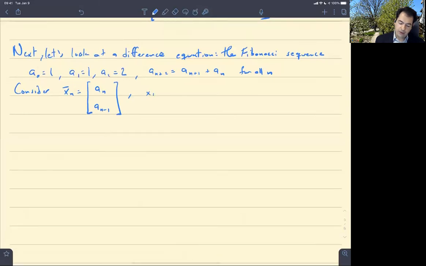So our first vector x_1 would just have entries a_1 and a_0. In particular for us, that's just the vector 1, 1. But you'll see that our computations would let us figure out how many pairs of rabbits we have as soon as we know how many we have at step 0 and how many we have at step 1. After that, of course, it is determined by the equation.